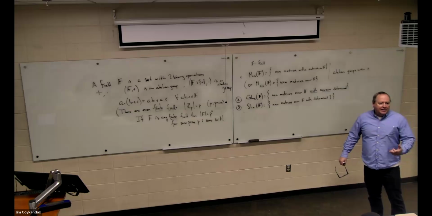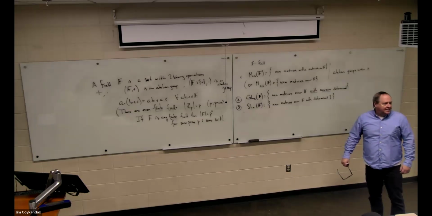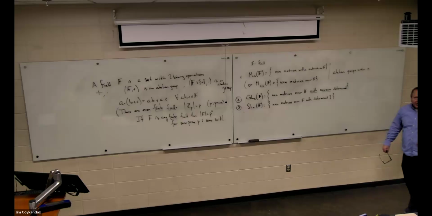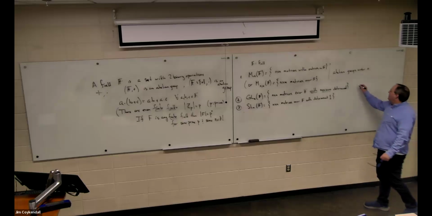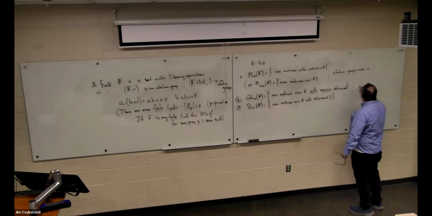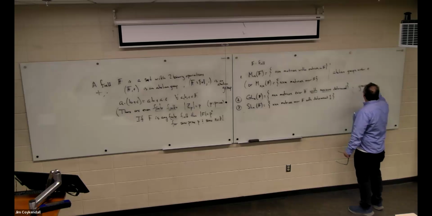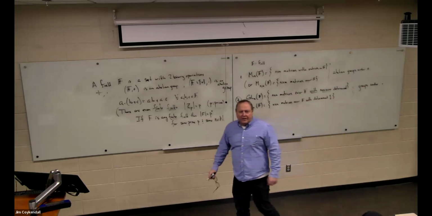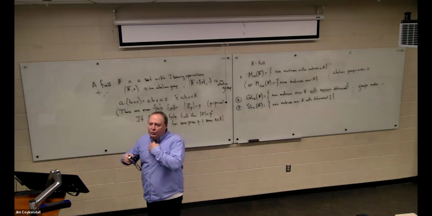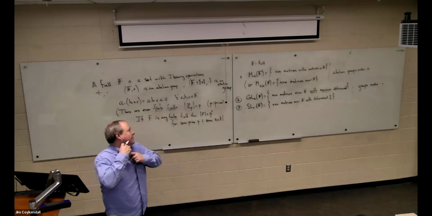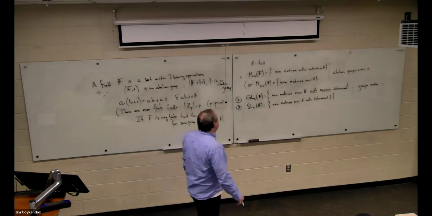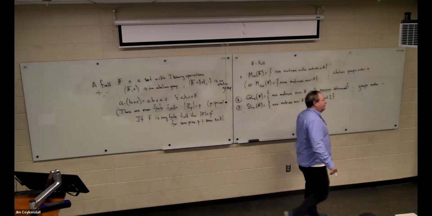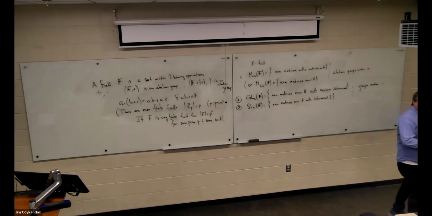I get a new N by N matrix, and what's the determinant of the new one going to be? Also one. Both of these are groups under multiplication. Notice I did not use the word abelian because in general, these are not. If N is bigger than one, I don't expect these groups to be abelian.